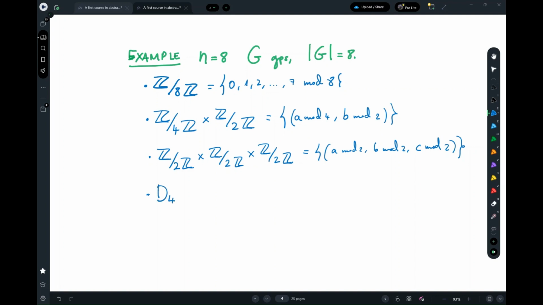D4 is the dihedral group, so this is the symmetries of a square, of a regular polygon with 4 sides.